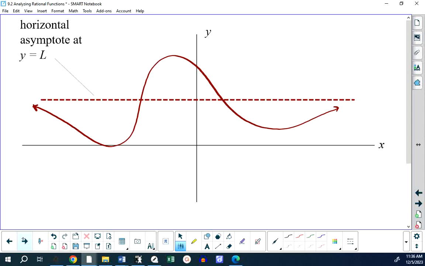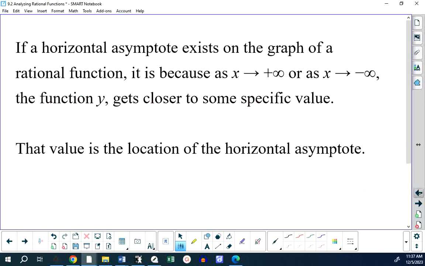What is important here is that I'll put a number on here for you. Let's put 10. As x takes off to infinity, y gets closer to 10. A horizontal asymptote is what y is getting closer to when you go to extreme values of x.